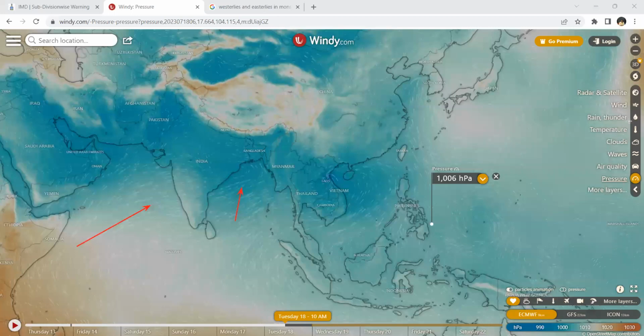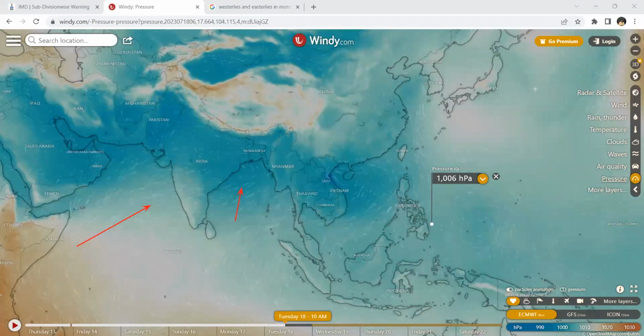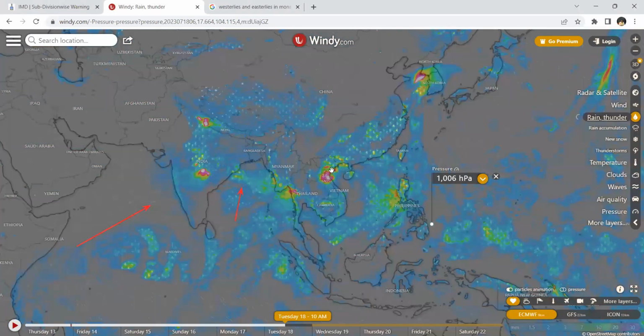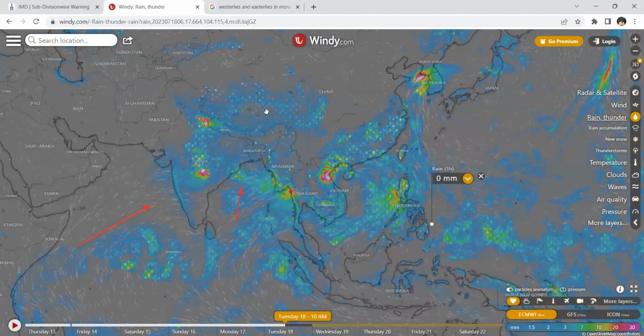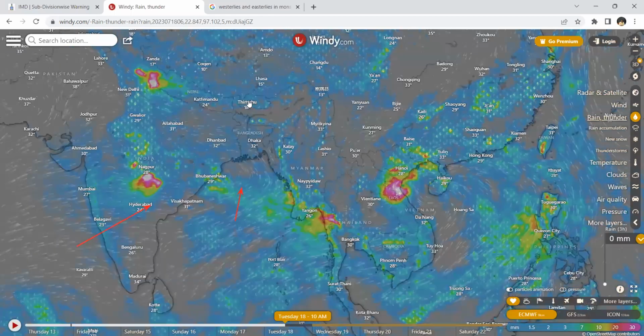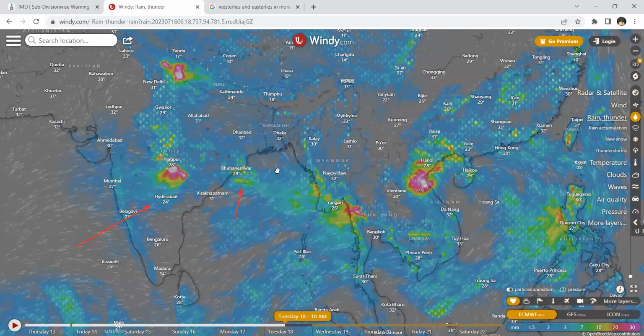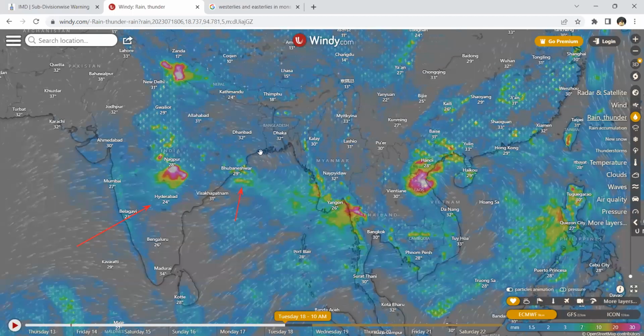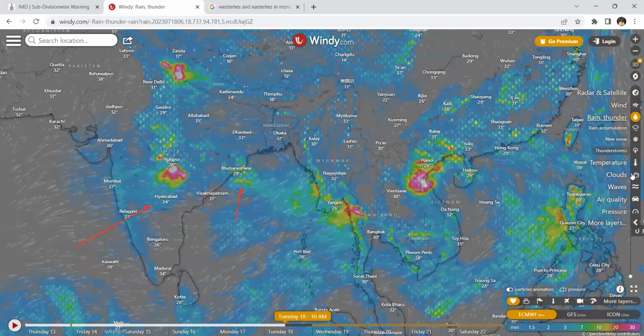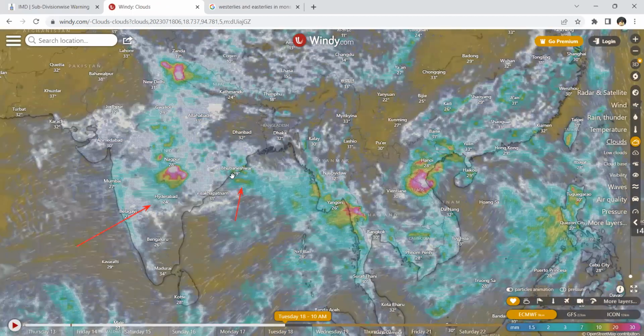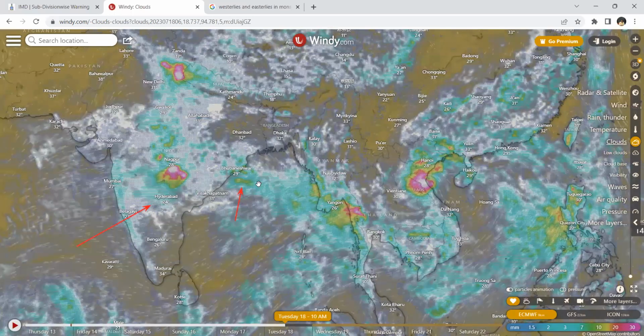So now I'll show you the rainfall pattern. What you can observe is that the low pressure area leads to cyclonic activity in these regions, and there is also a possibility of huge cloud cover in these regions, and that can lead to convectional rainfall.